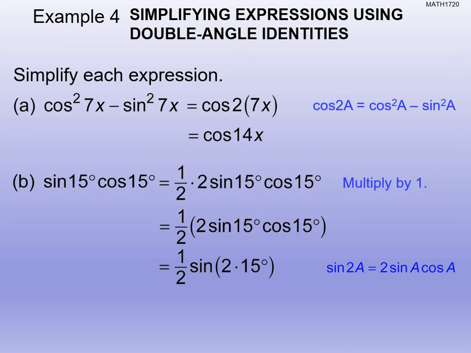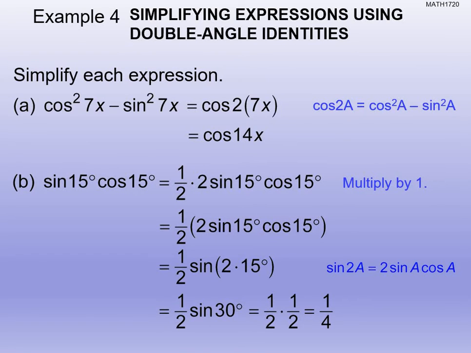That's our identity, it should be on your identity sheet. That's the whole reason we multiply by 1, so that we have the 2 in front and can use the other side of the double angle. So we end up with 1/2 sine of 30 degrees.